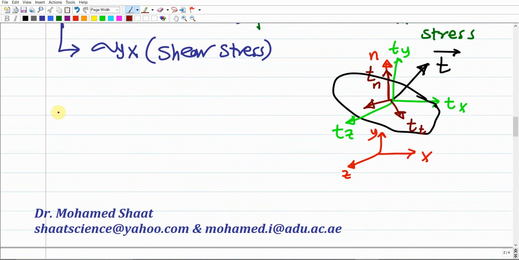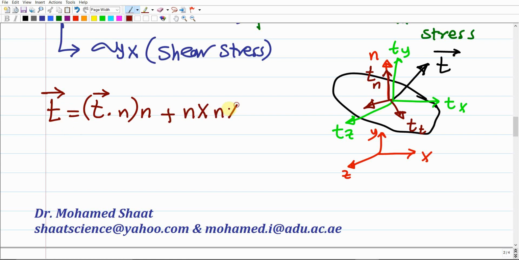So simply we can write the T vector in the vector notation equals T dot n times n, where n is the normal vector to the surface and T is the stress vector itself, plus n, the normal vector, cross product with T, the force vector or the stress vector.